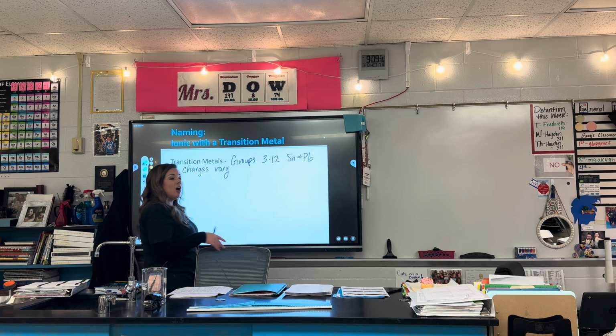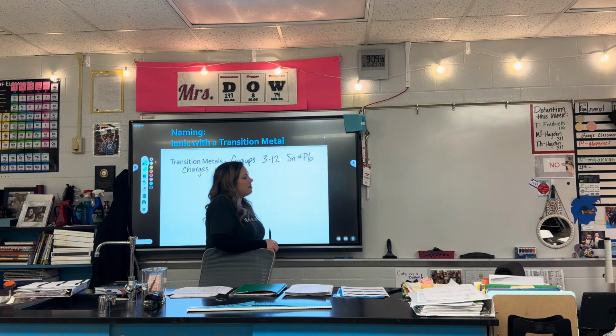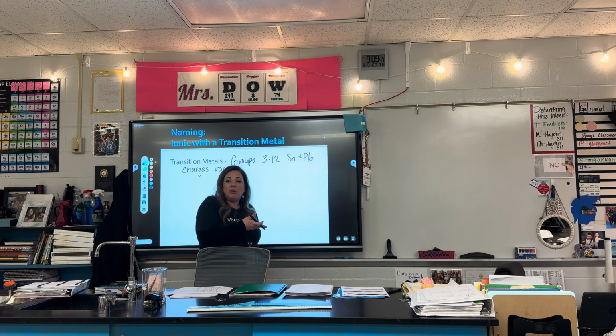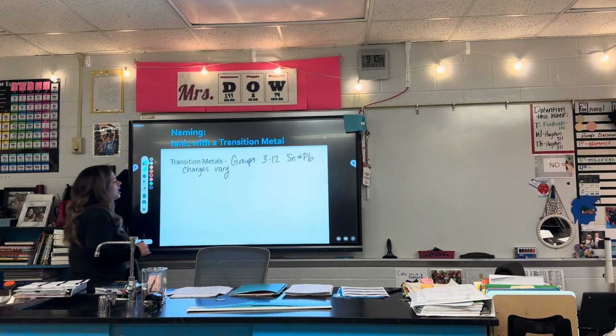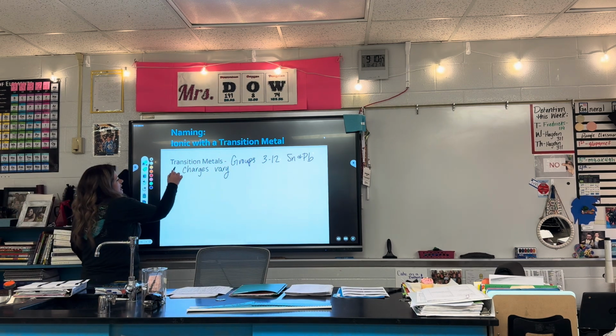So that's why we always had to indicate their charge, okay? So it's the same way here when we name them. I was always giving you the charge in the last unit, remember? And I was either writing it with the element or I gave it to you as a Roman numeral. I was giving it to you as a Roman numeral to kind of foreshadow how we name them. So when we name them, we write Roman numerals, okay? So charges vary. We need to add that.